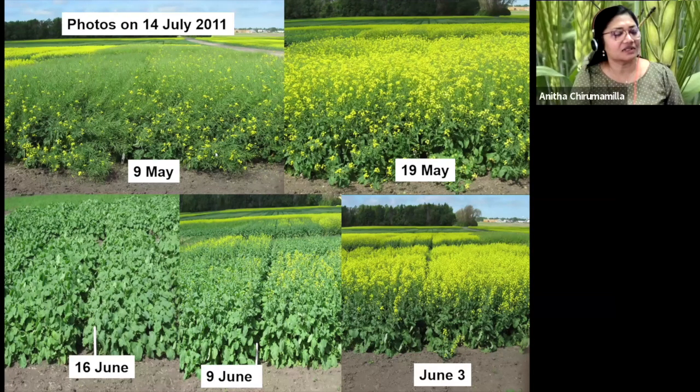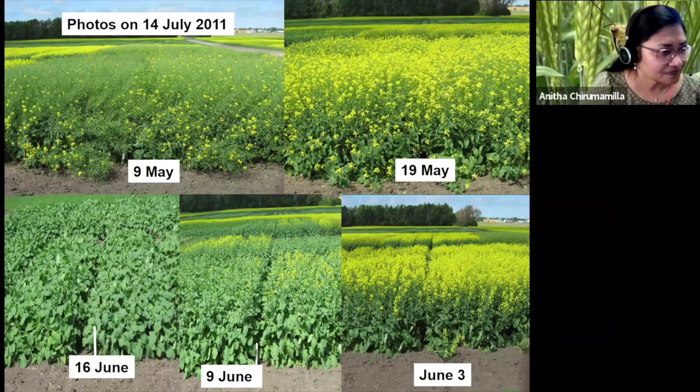And you can see that because they were planted in early May or mid-May, they've already completed flowering or are almost done with flowering by the time hot temperatures are setting in. Whereas if you push to June and mid-June, the flowering will coincide with the hot temperatures, and that might have an effect on pollination, pod set, and seed set.